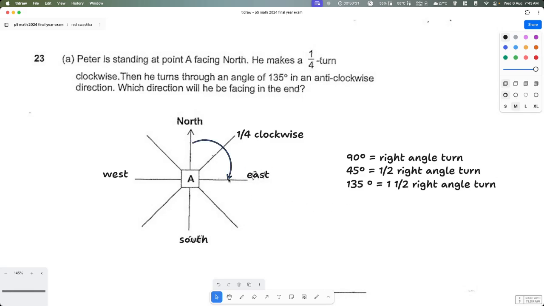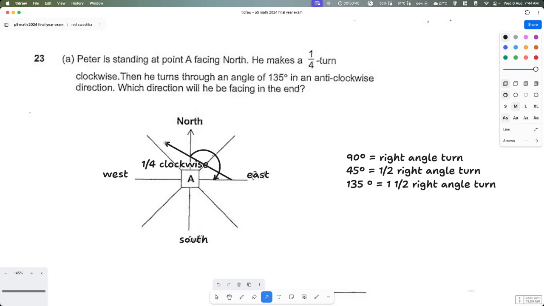Okay, so from here, let me make this a little bit closer to this. So one quarter clockwise, right? And then I'm gonna put it like this. And then the other one is one and a half. So this and this. Okay. Oh, no, no. So put this over here. This is anti-clockwise, right?